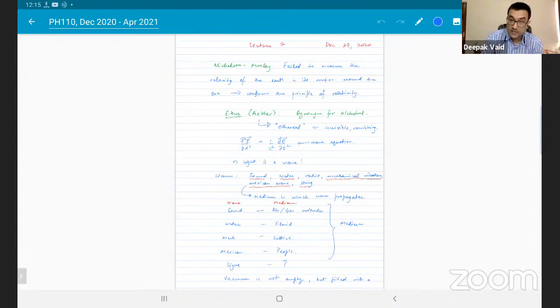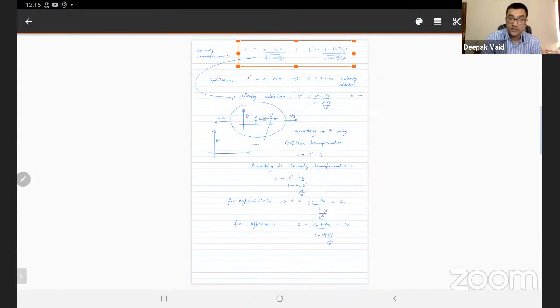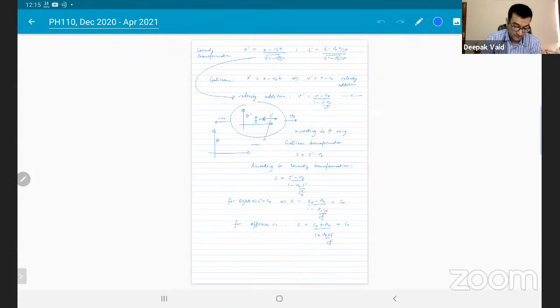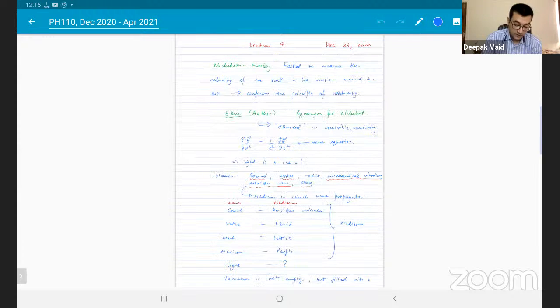Now in the next lecture, tomorrow's class, I will derive this Lorentz transformation. You can actually derive this expression. And then we will look at things like length contraction, and we'll also look at something very nice, which is called space-time diagram.